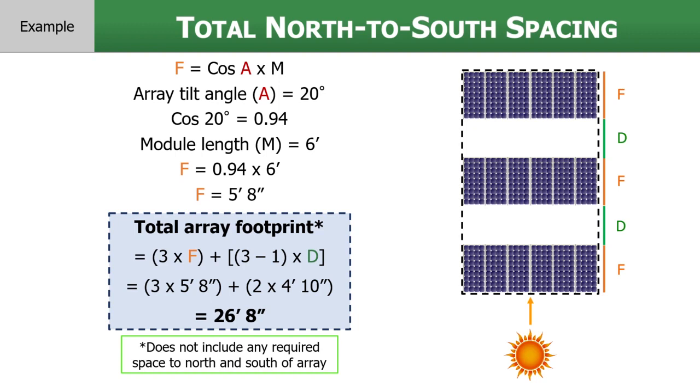That would determine the amount of space required from east to west or left to right in this case. This is just the total array footprint. We don't have any additional space around the array, which might be required by your AHJ or access requirements.